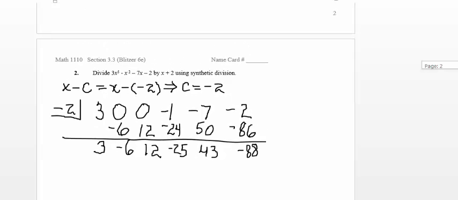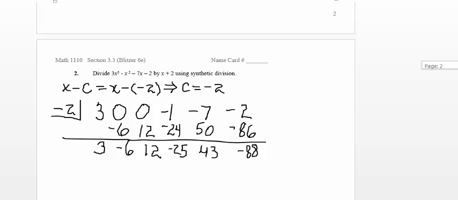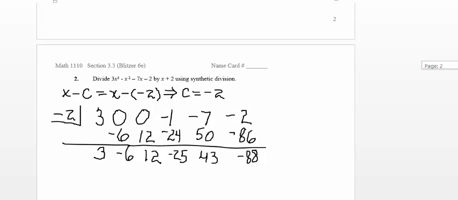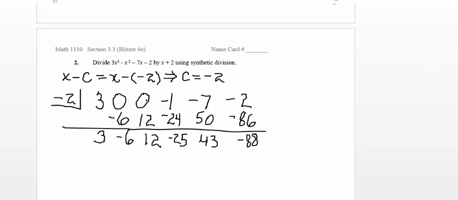So in synthetic division, when the process is complete, the last number is the remainder. The other numbers to the left of the remainder are the coefficients of the quotient.